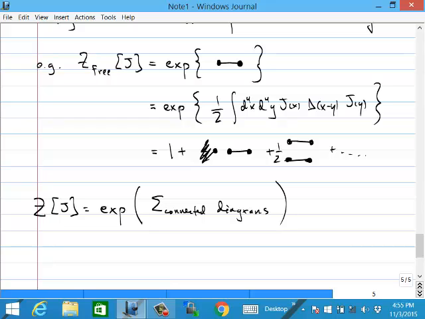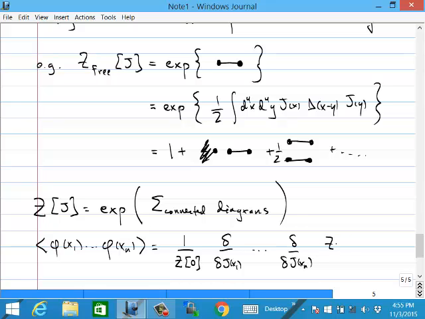But let's imagine that we actually want to compute one of these correlation functions. So we have to take the derivative of Z with respect to a bunch of J's, and then divide by Z with J equals 0. And what is Z of 0?